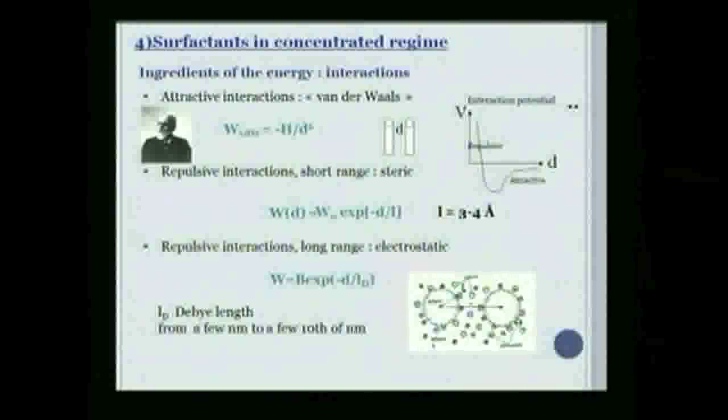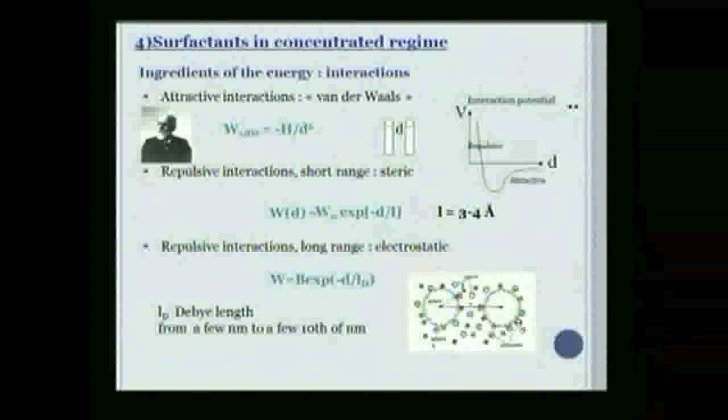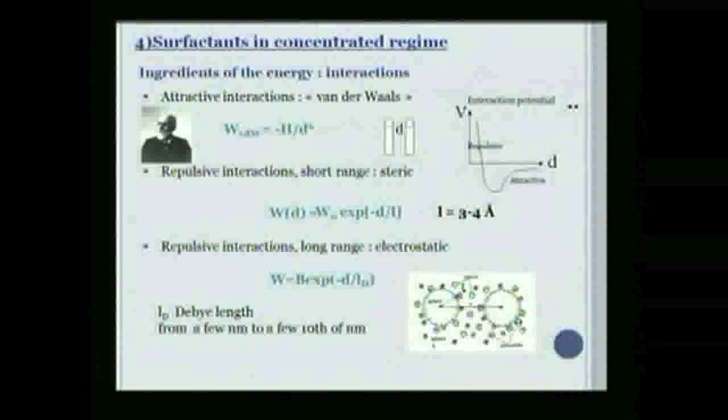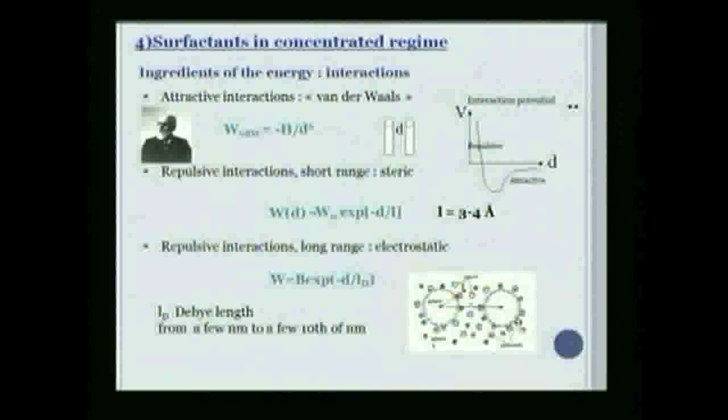This Debye length varies when you add salt in the solution. You can tune it by changing the ionic strength of the solution, the salinity. So of course, you have to put this interaction potential in your free energy or Gibbs energy when you calculate the energy of your micellar phases.